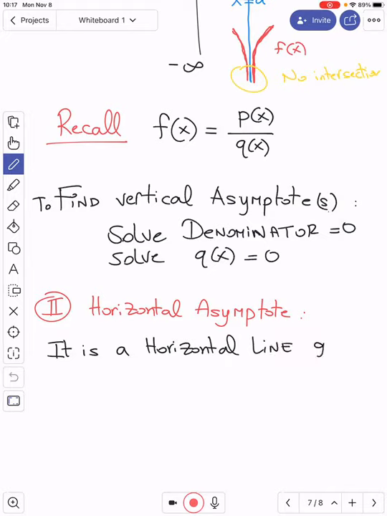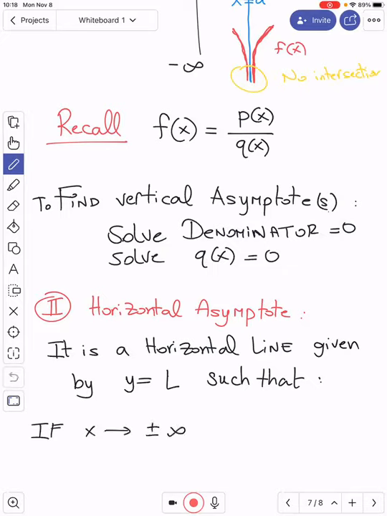The equation of this horizontal line, let's say, is y equals L. So for the horizontal asymptote, guys, we are interested in the behavior of the graph of f in the neighborhood of infinity, so if x approaches positive or negative infinity.